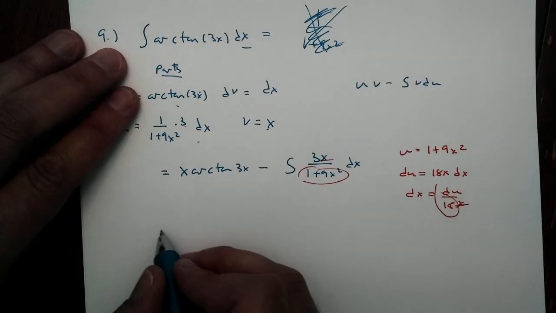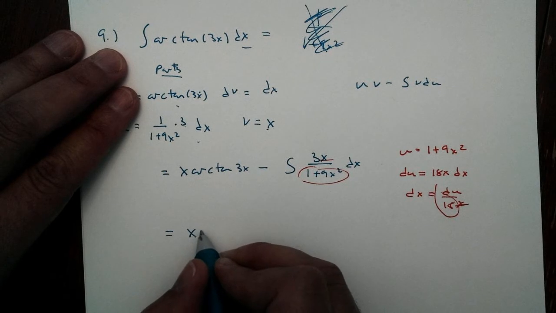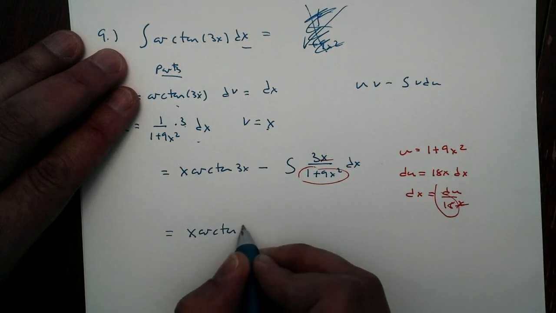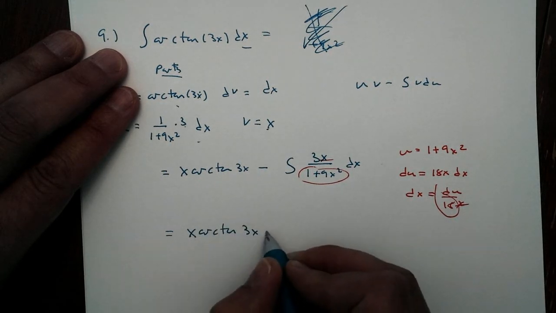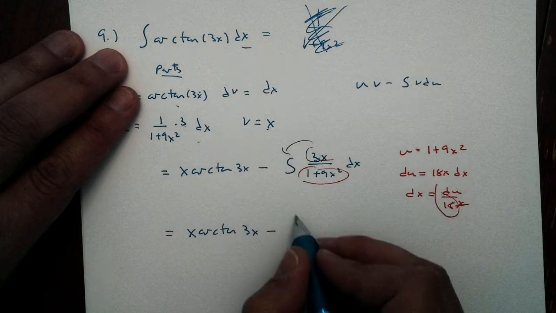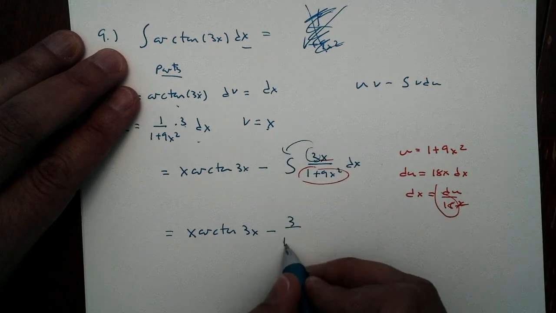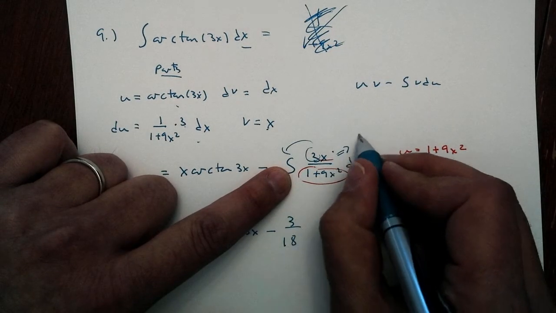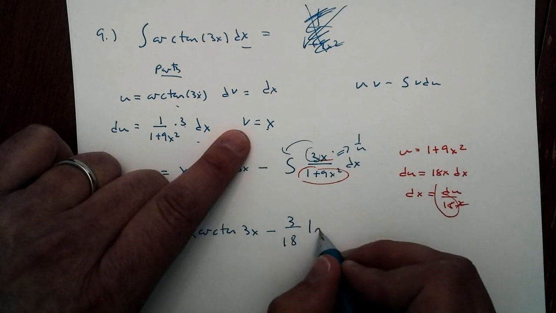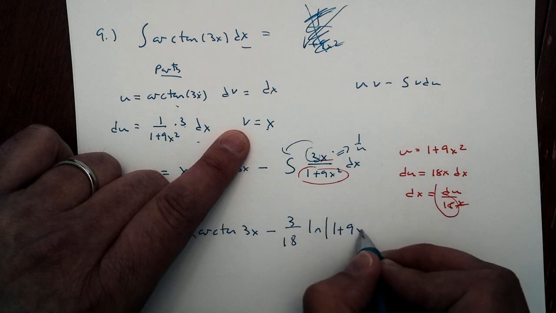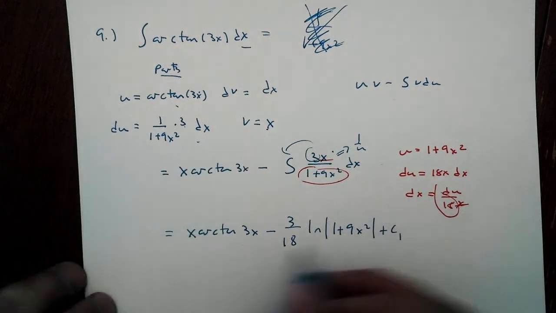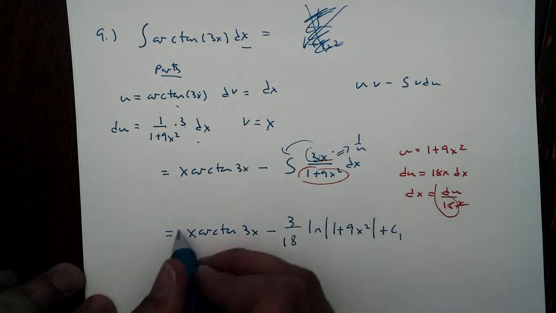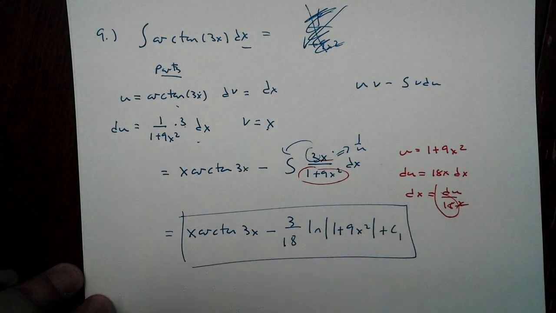So my new answer is x arctangent of 3x minus, I still have this 3 on the outside, 3 over this 18. Now be careful, this is really saying 1 over u, which is just the natural log of 1 plus 9x squared plus c, and you can reduce that if you feel like it to 1/6. And there's our antiderivative right here. Very easy to do.